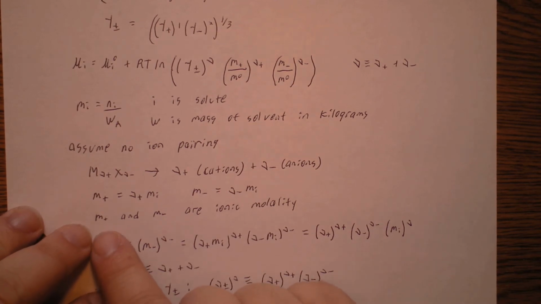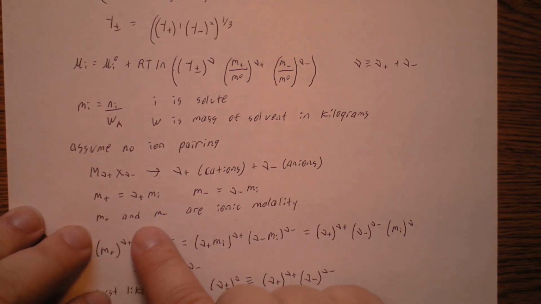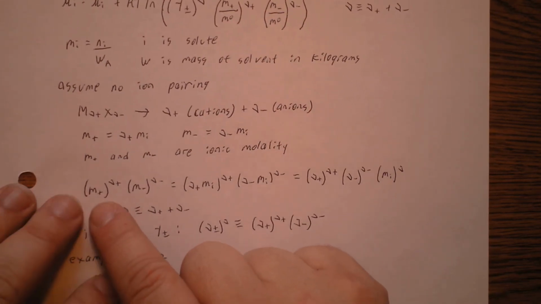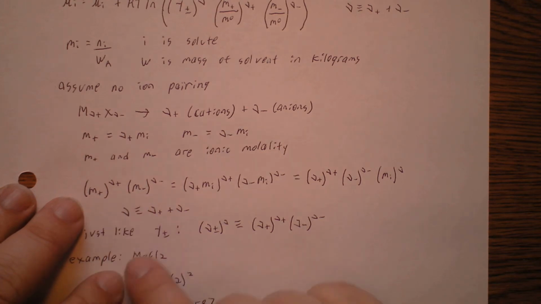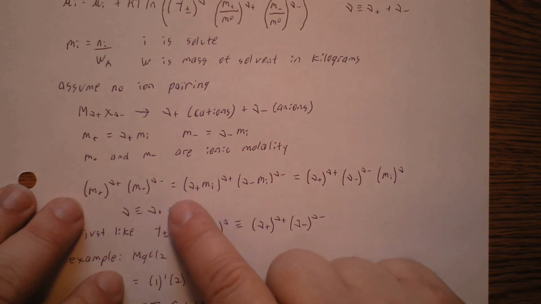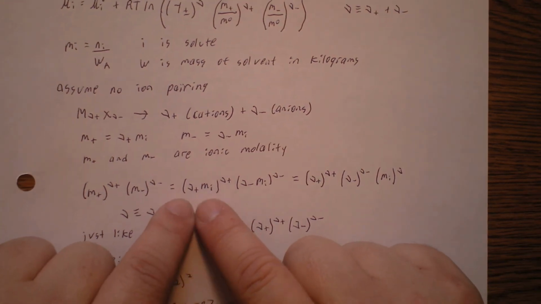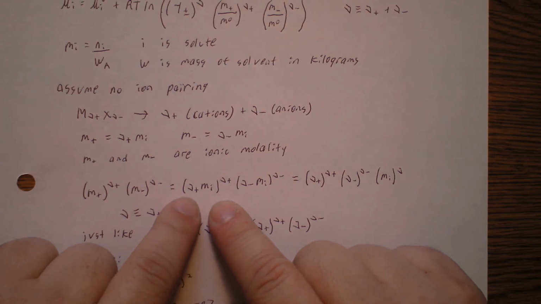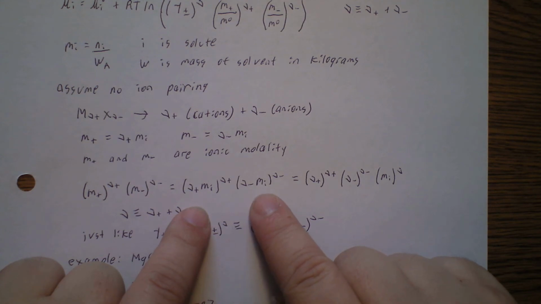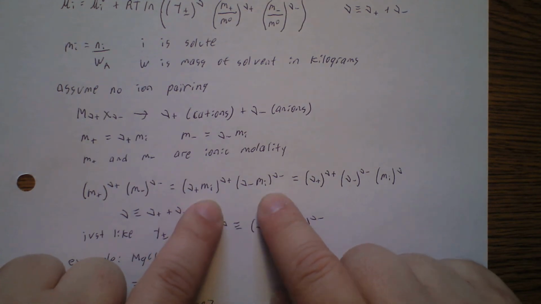So we say that the molality plus and the molality minus are the ionic molalities. So we get the molality of the cation to the nu plus power times the molality of the anion to the nu minus power. That's going to be equal to nu plus times the molality of the substance I to the nu plus, and then nu minus times the molality of I to the nu minus.